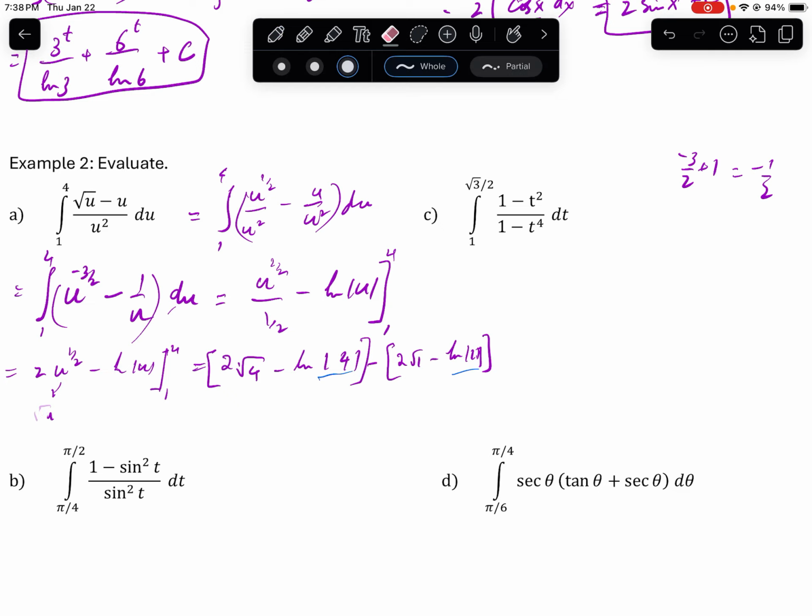I'll just simplify. So 2 times square root of 4. Square root of 4 is 2, and then we have 2 here, so we get 4 minus ln of 4, and then I have minus 2, and then I have plus ln of 1. Ln of 1 is 0.